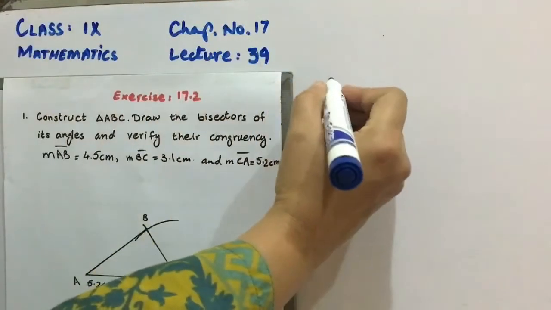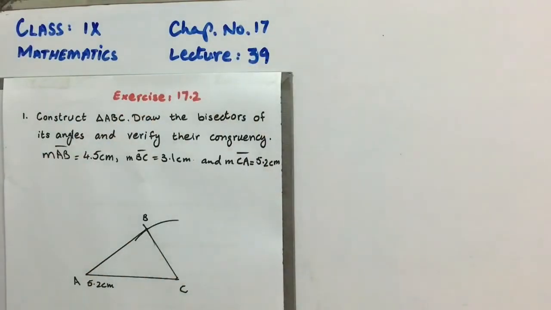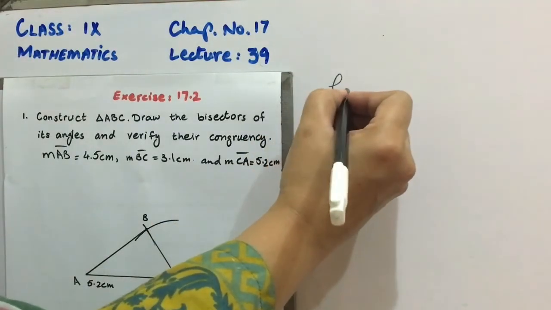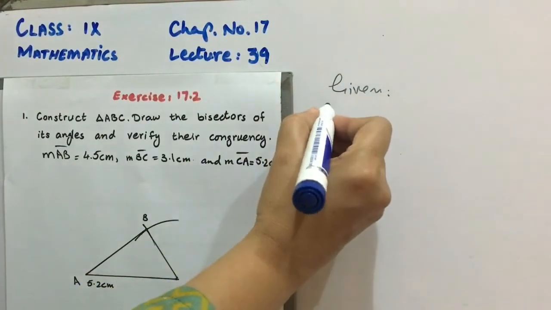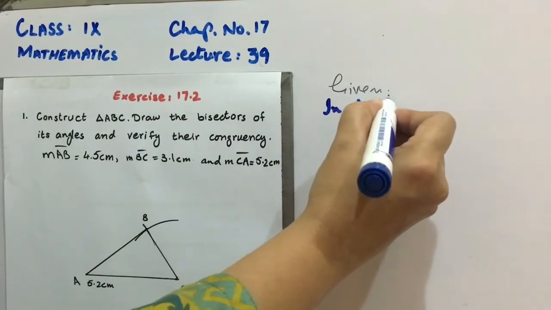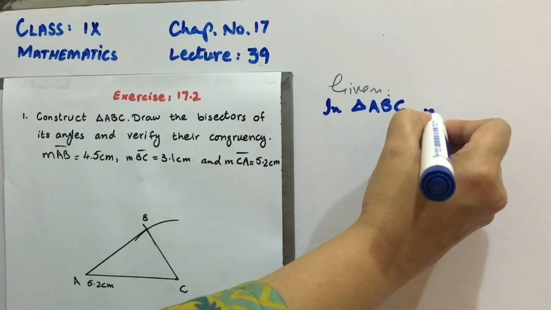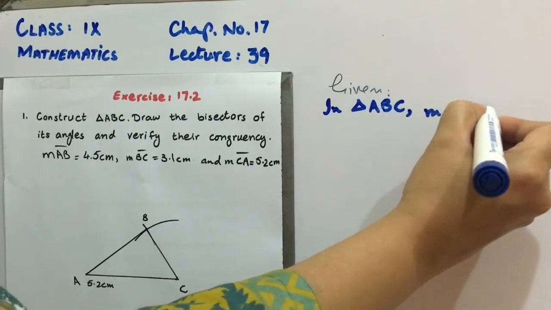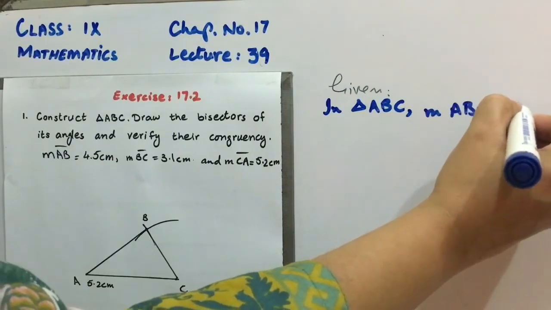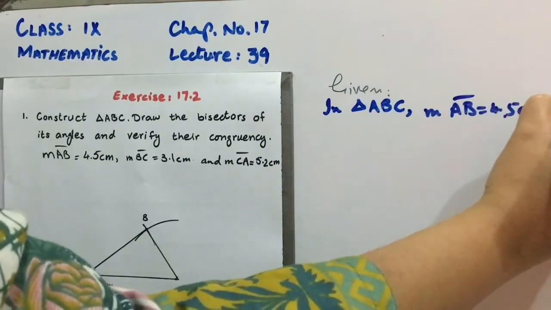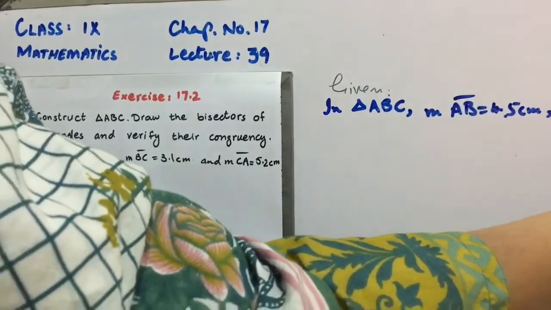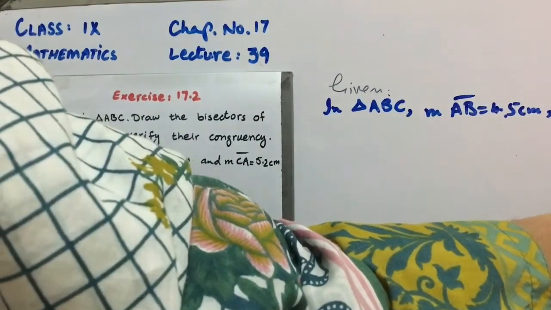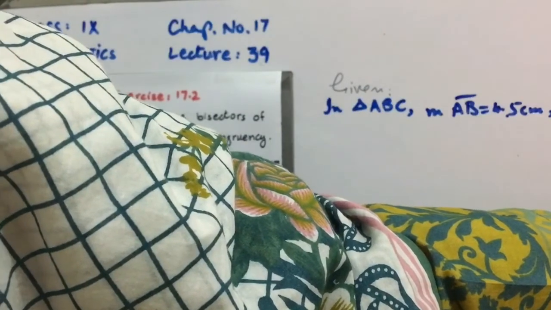Here we will write given: in triangle ABC, measurement AB is equal to 4.5 centimeters, measurement BC is equal to 3.1 centimeters and measurement CA is equal to 5.2 centimeters.